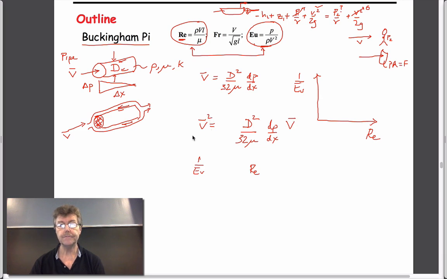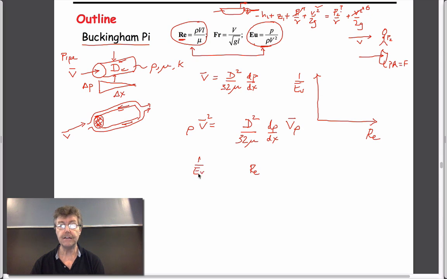on both sides. We have a length here. Let's take, well, we actually have a length here already, so let's not worry about that. We don't have density, so let's multiply both sides by density. And is there something else I need? Yeah, okay. And so the Euler number on the converse side needs to have pressure on it.